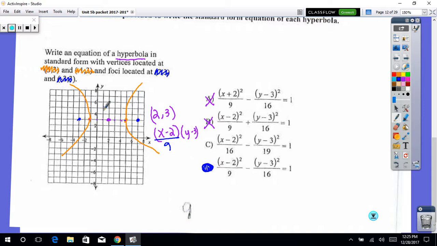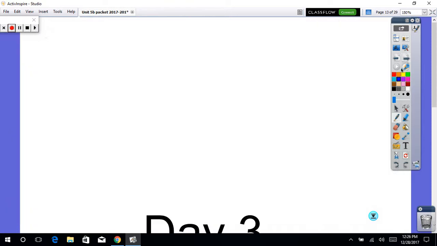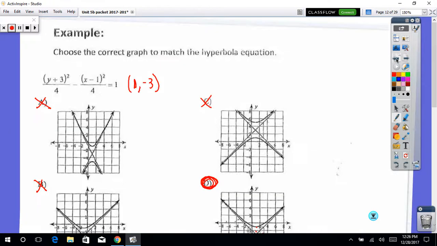I understand the box is not there, so you don't even know how tall it is. But you do know for a fact that it is 3 units wide, making 3 squared 9, so that has to be the answer choice. This one would be 4 units wide, which is not correct. And that is it for today.